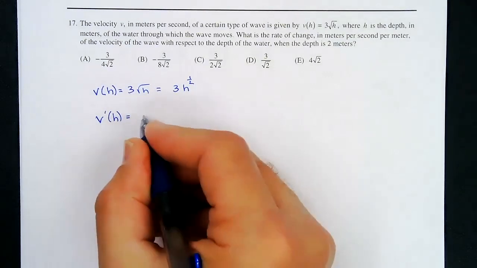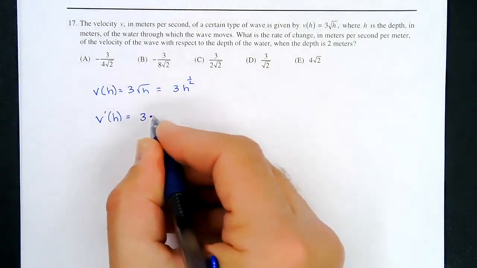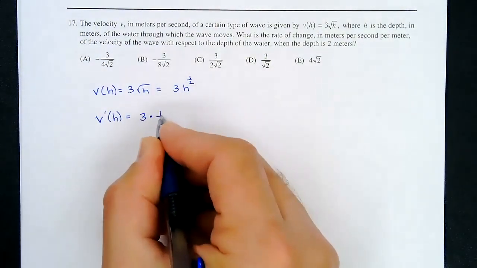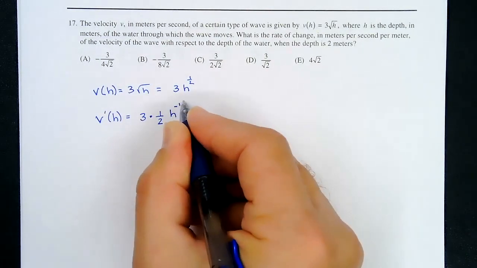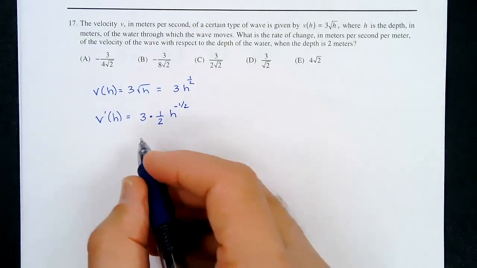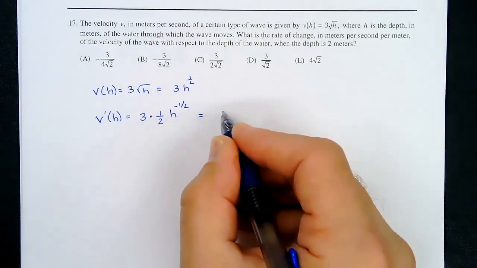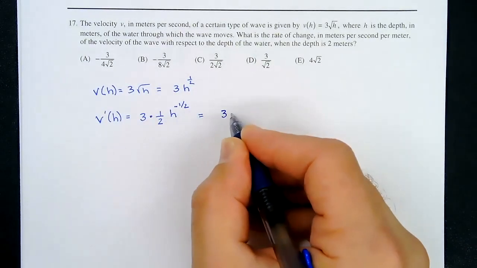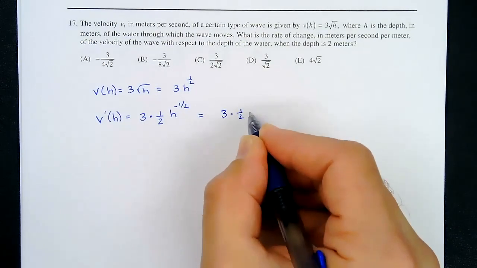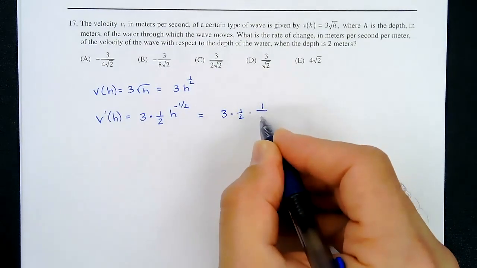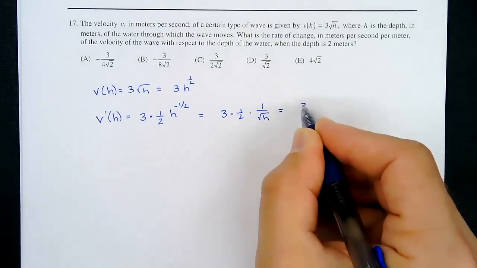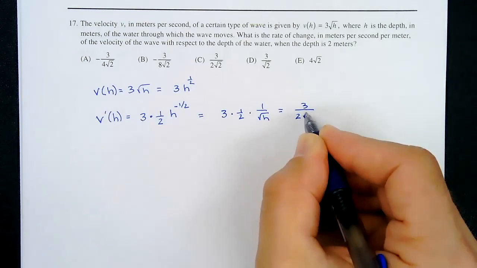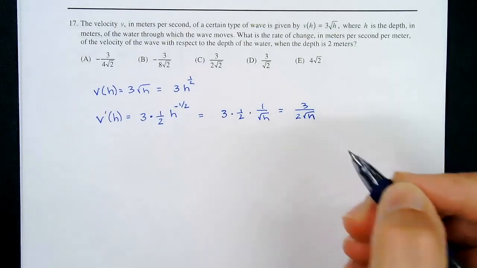So this is equal to 3 times, and we're going to bring the power down. It's just the power rule, really. 1/2 h to the negative 1/2. And so this would become 3 times 1/2 times 1 over h to the 1/2, which would be the square root of h. So this would be 3 over 2 square roots of h.